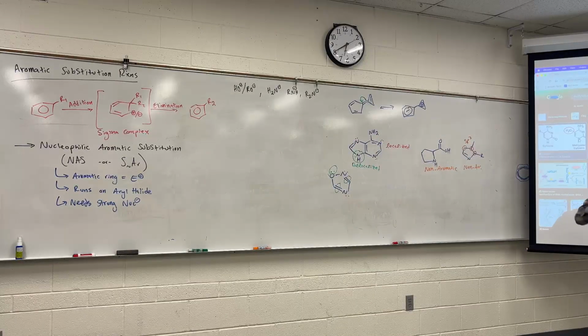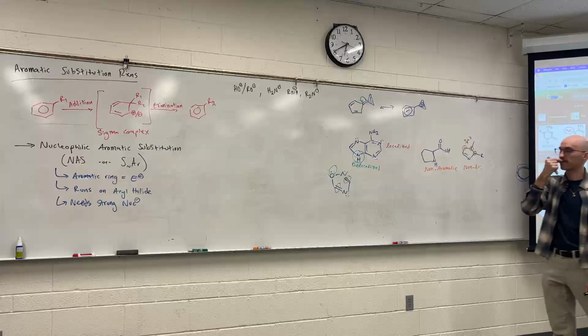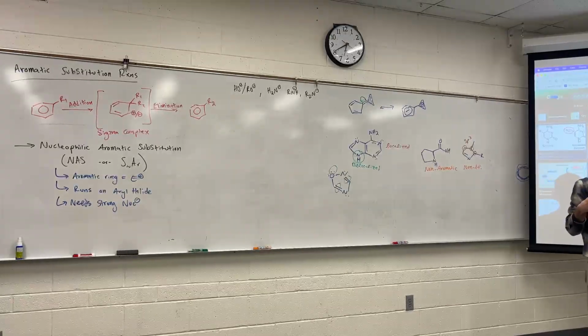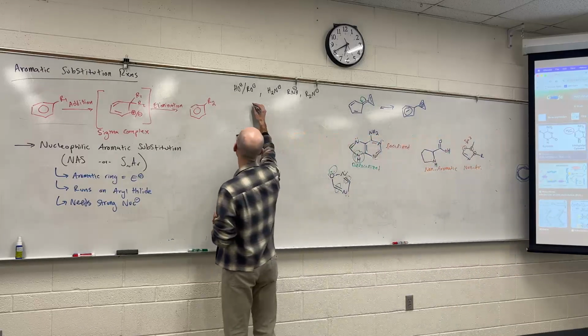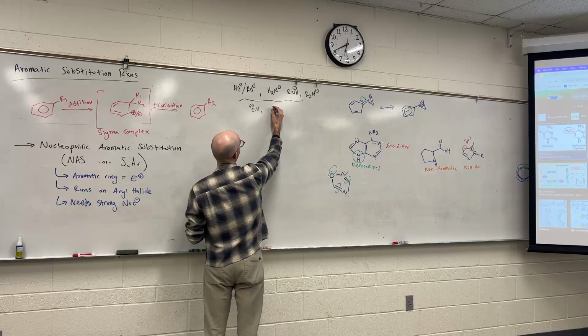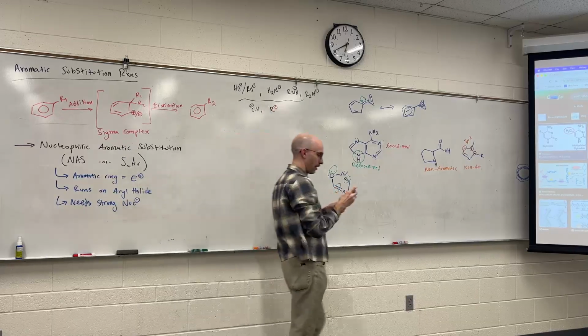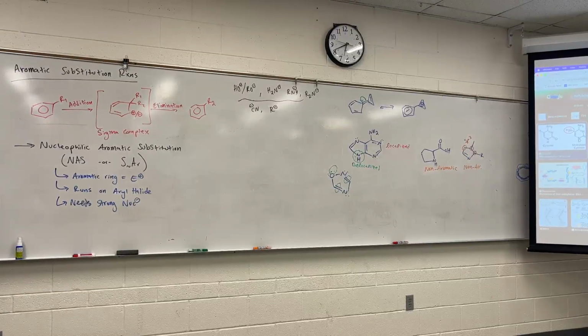We can have amide, NH2-, or a primary amide or a secondary amide. So we can diversify what groups are coming on with that nitrogen. The ones that we won't see as often, these are our most common. We can run this with nitriles, and we can run this with carbon groups. Carbon groups that have a negative charge, like the acetylide ion, the alkyne conjugate base. Those are good nucleophiles.